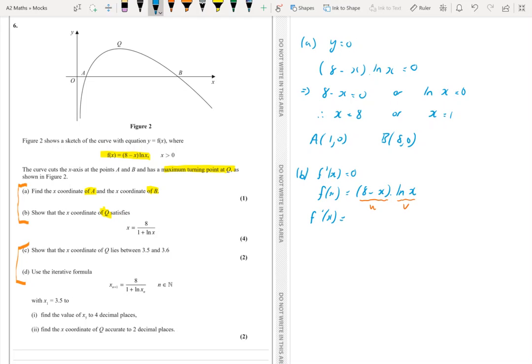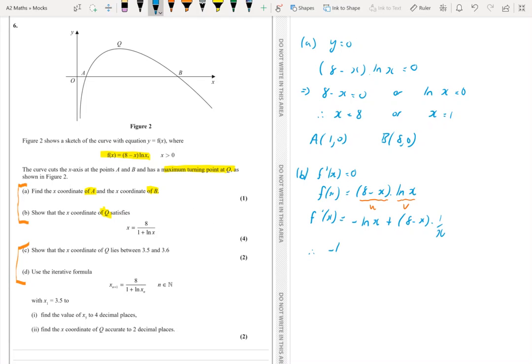So u dash v, u dash is minus 1, so minus ln x. That's u dash v. Plus uv dash, so we're going to keep u, and v dash, ln x differentiates to 1 over x. And for a stationary point, for a turning point, f dash of x equals 0. We said that before.